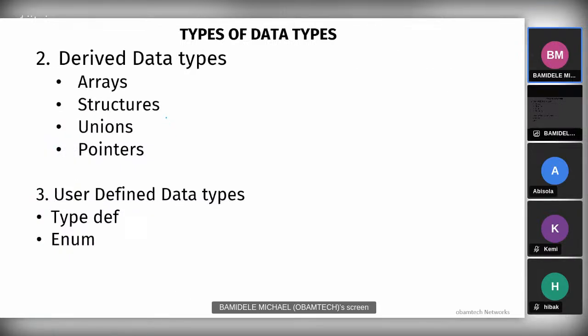These are data types that are built from the primary data types. Derived data types come from the primary data types. So we have arrays, structures, unions, and pointers. And the last one, we have the user defined data types: typedef and enum. Just know this stuff.